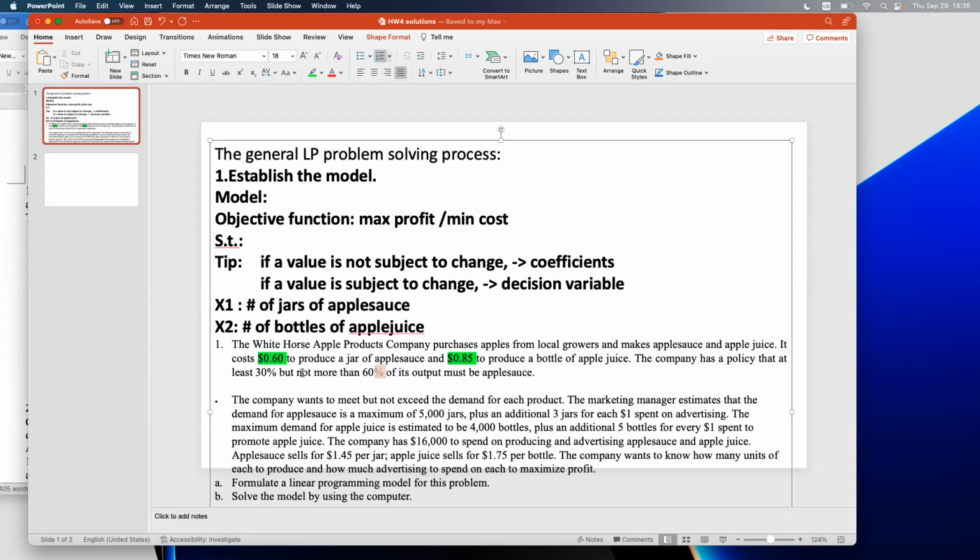And we also found one constraint, so we want to highlight that with a different color. That's the constraint.